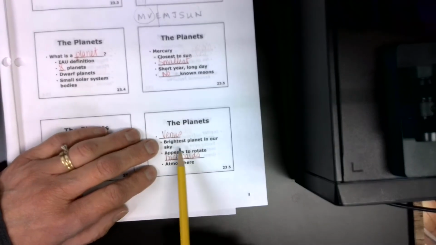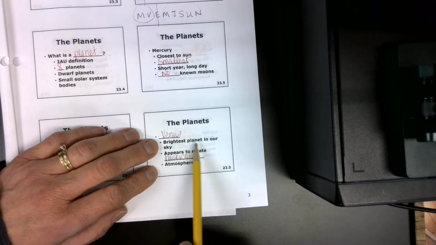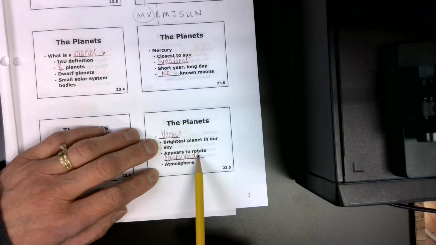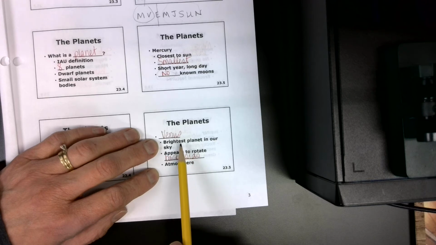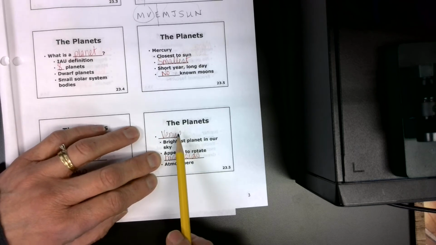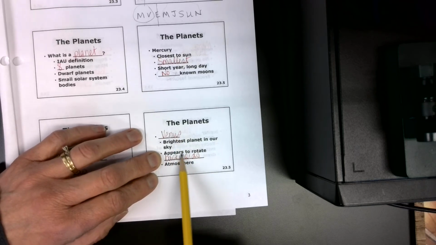Venus, the next one in line, the brightest planet, sometimes referred to as the morning star or the evening star. It's going to look like a very bright star in the sky to us. But it's not. It's a planet. It appears to rotate backwards.